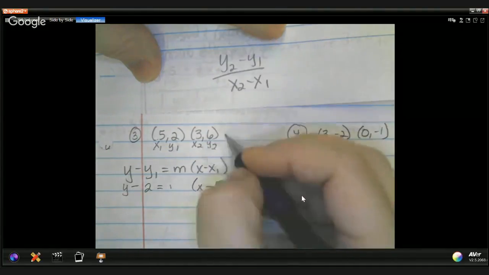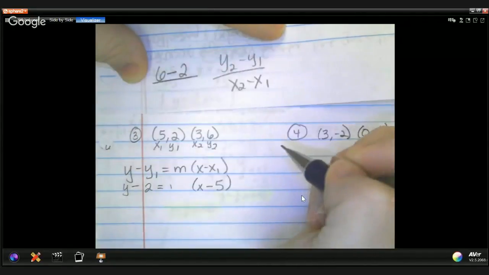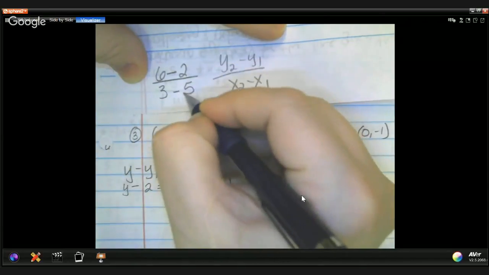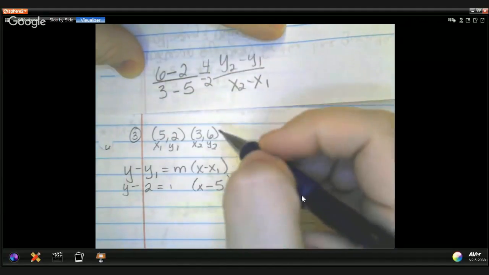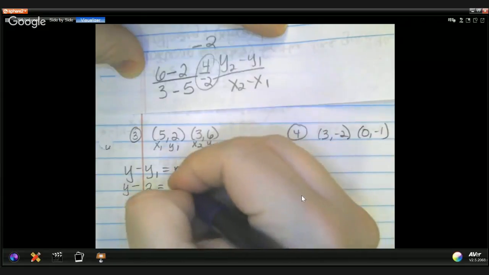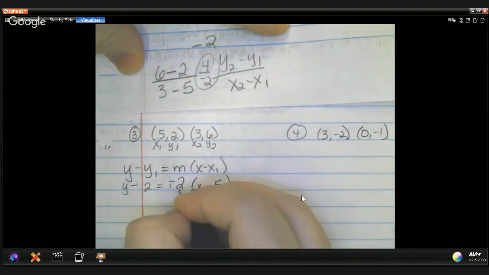And so our y2 is 6 minus y1, which is 2. x2 is 3 minus x1, which is 5. So I get 4 over negative 2. And 4 divided by negative 2 is negative 2. So my m is negative 2. So now I'm going to distribute this.